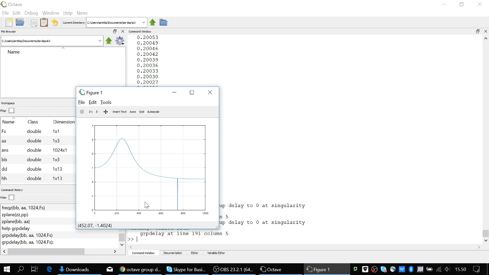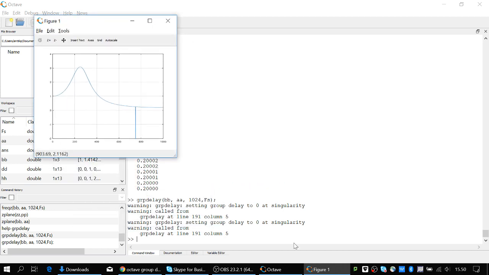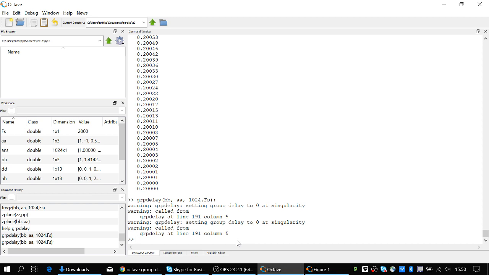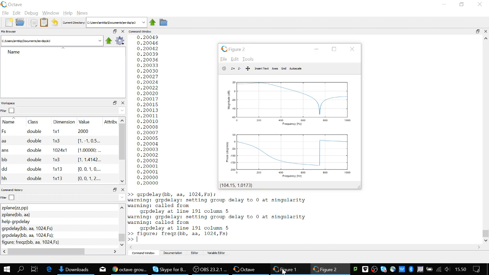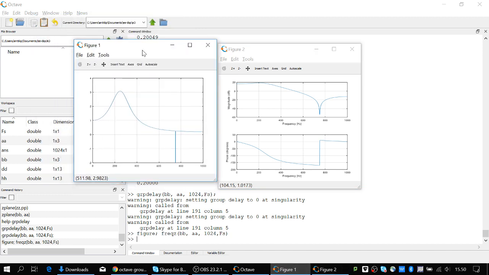You can actually see this one shows up on the frequency response. Let's take a look at that one. Frequency response. There. New figure. Okay. So we have the special point also on the frequency response where the amplitude response goes to 0, and then there's also the jump. It's actually a jump of pi on that one, so it means that the derivative goes haywire.